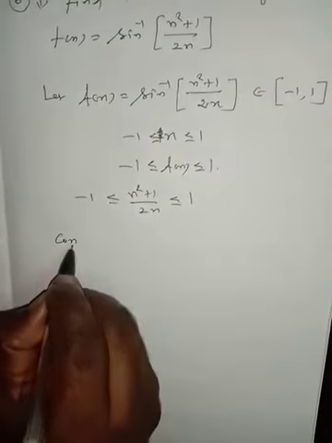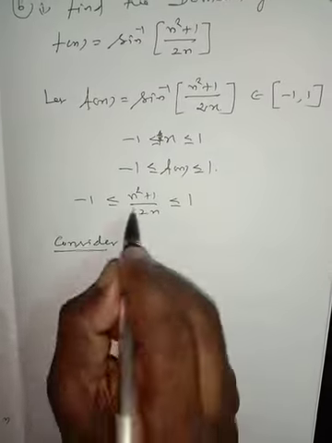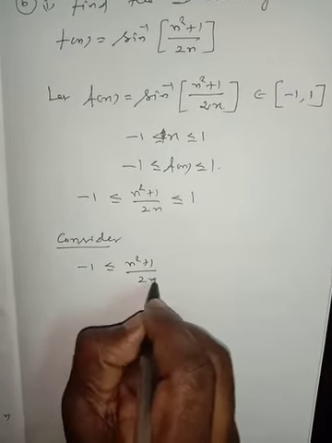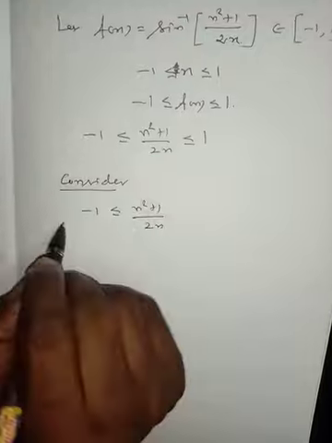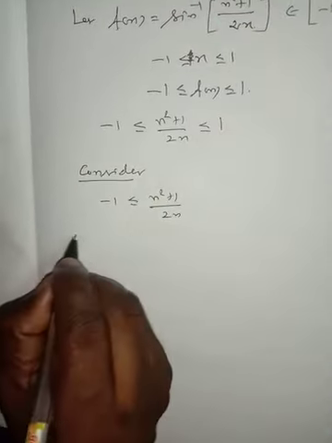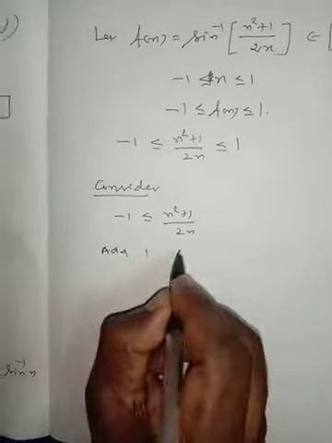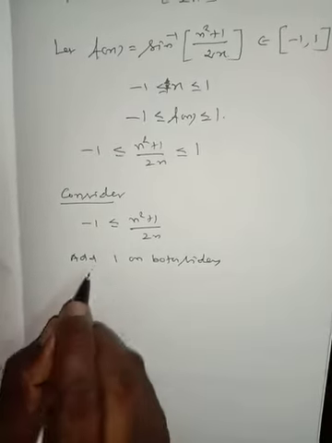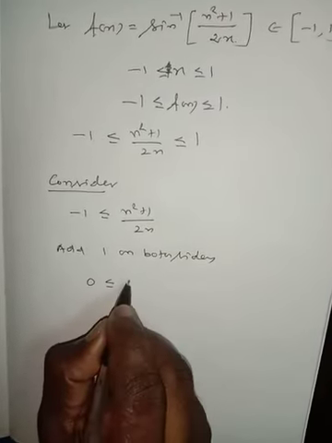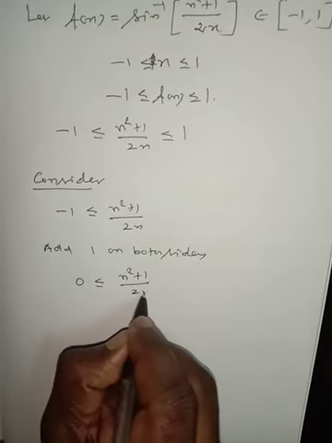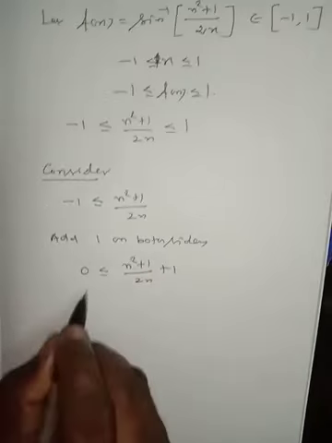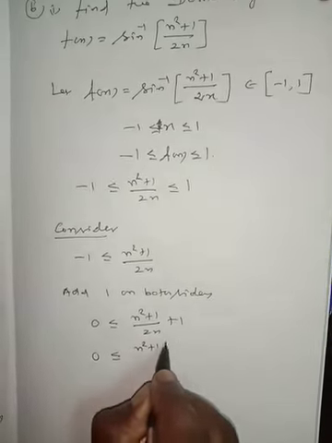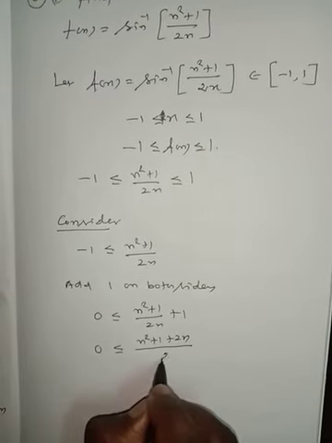Consider the first inequality, minus 1 less than or equal to x square plus 1 divided by 2x. Adding positive 1 on both sides, we have 0 less than or equal to x square plus 1 divided by 2x plus 1. Taking LCM, 0 is less than or equal to x square plus 1 plus 2x divided by 2x.